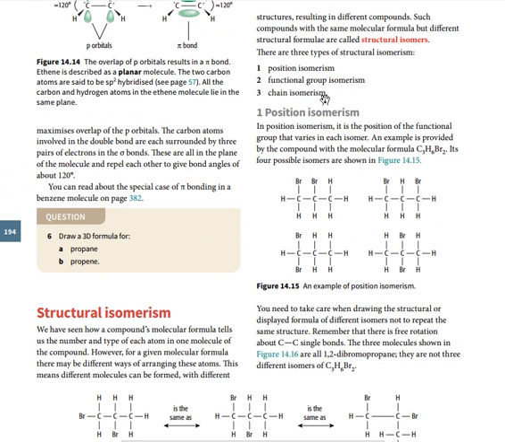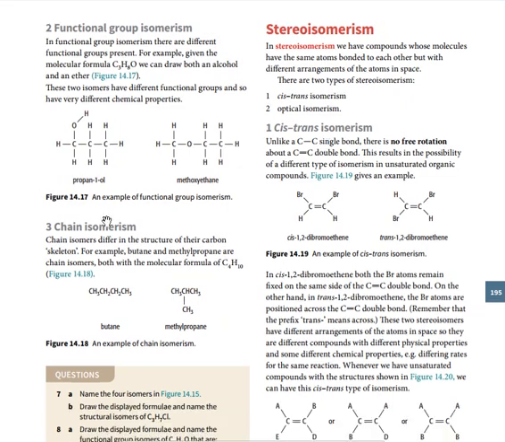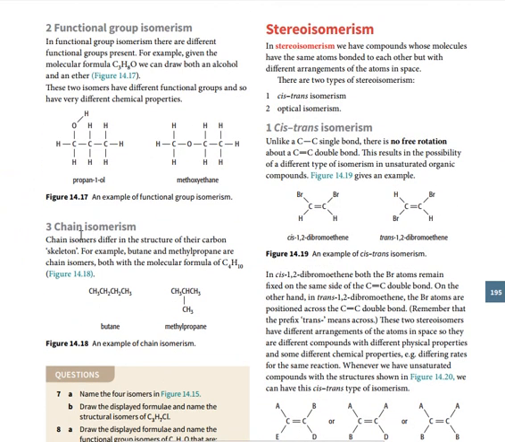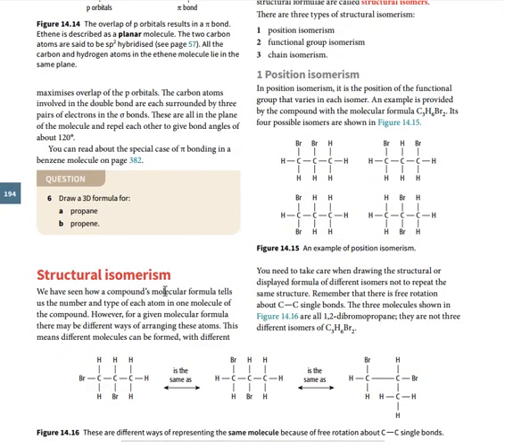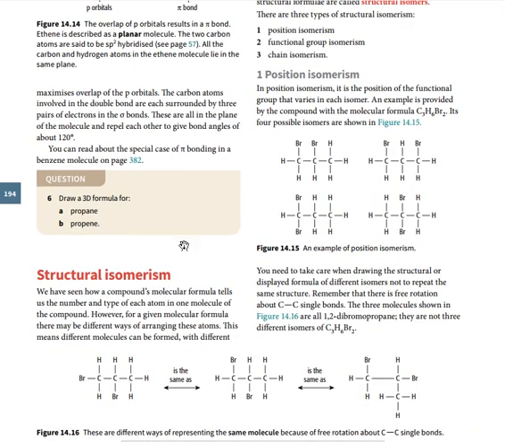For structural isomerism, we have positional isomerism, functional group isomerism, chain isomerism, and one which was omitted here, tautomerism. So these are the points that we need to visualize here. Let's start with positional isomerism.